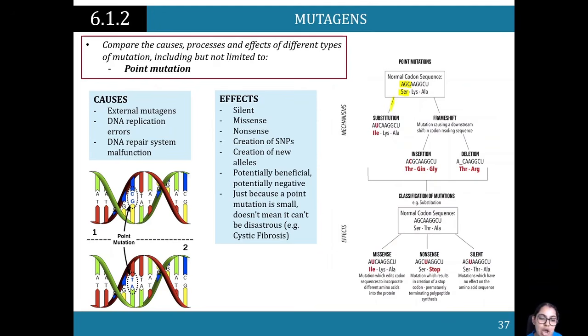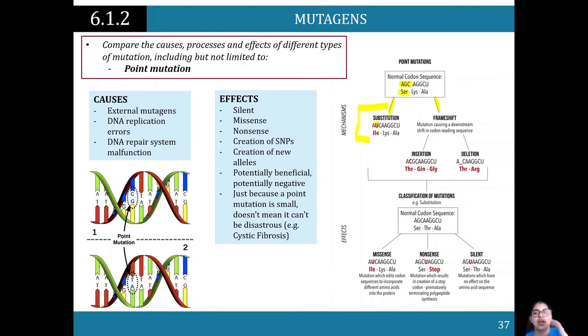So there are 2 types of point mutations that can happen. There can be substitution, or there can be a frame shift mutation. In substitution mutations, as you can tell by the name itself, one of the nucleotides substitutes the other. So instead of the G here, the guanine, there has been a substitution, and a uracil has been inserted.